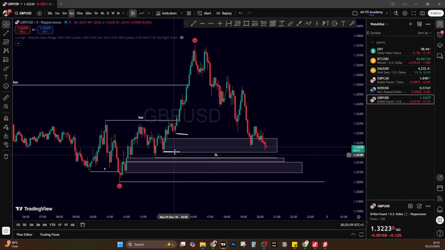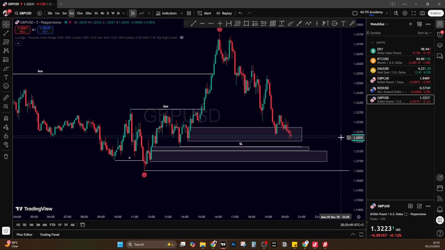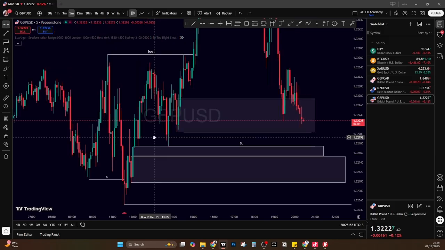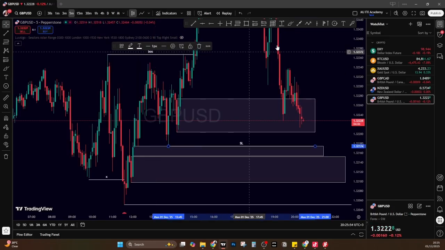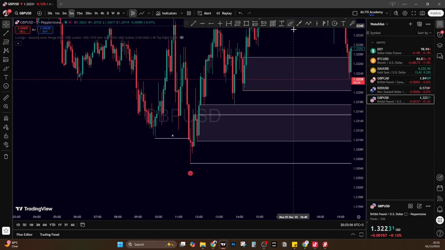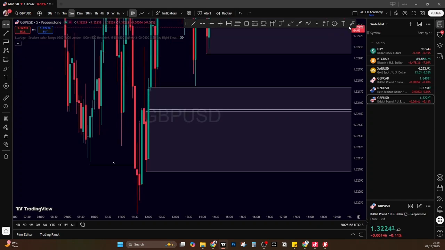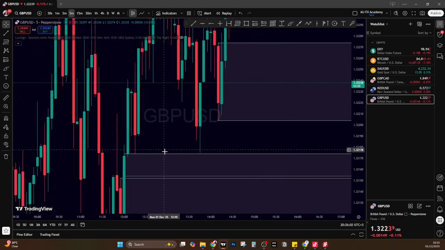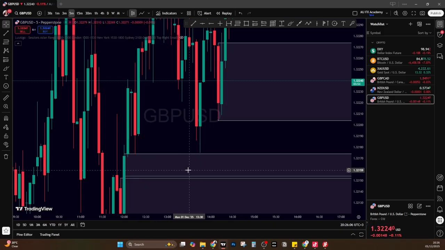If you look at this one where we have the strong low, let me just remove it. You have what we call relative equal lows. You see this and this? These are just relative equal lows.